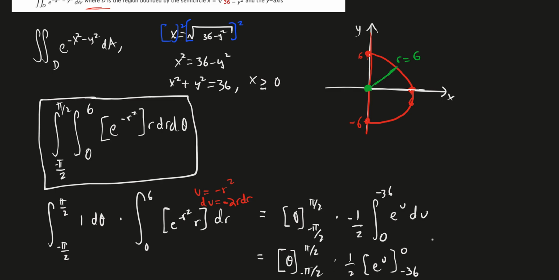So let's continue this up here. This goes from pi over 2 minus negative pi over 2, so it's positive pi. And then multiplication by 1/2 times e to the 0 is 1, and then minus e to the negative 36, 1 over e to the 36.